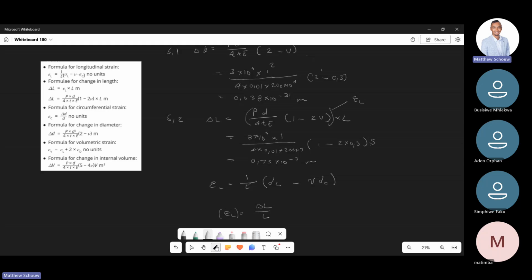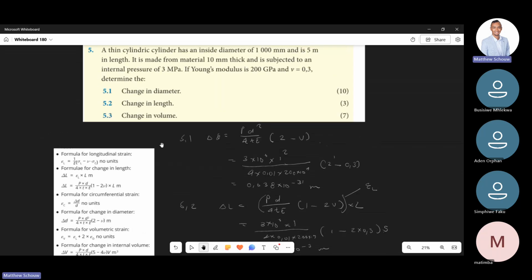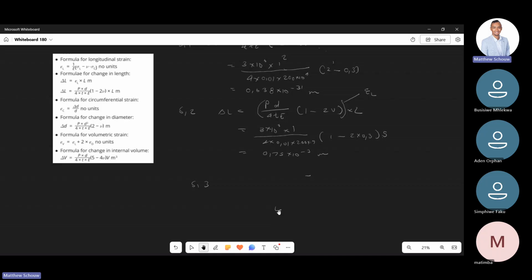Okay, let's try the last one, and we look at 5.3, which is quite simple, and they're asking us to calculate the change in volume. Again, it's a plug and play game. Nothing fancy. And that's going to be PD over 4TE, times 5 minus 4 times Poisson's ratio, times the volume.